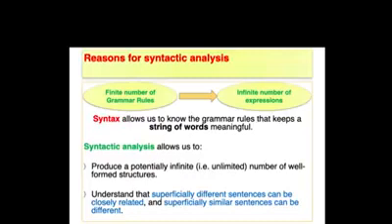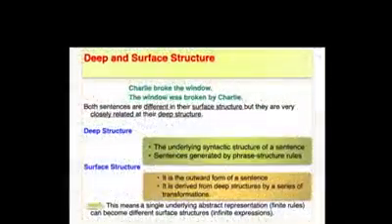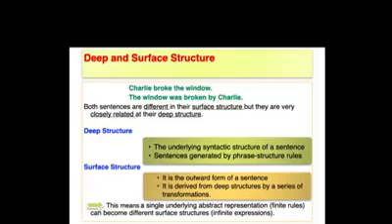But at the same time, sometimes we use a specific structure, but the deep meaning is the same. This is what we are going to have a look at. Generally, this is known as the deep and surface structure.